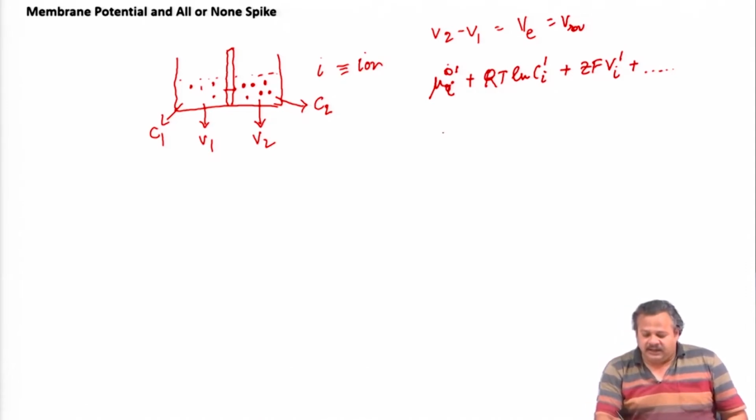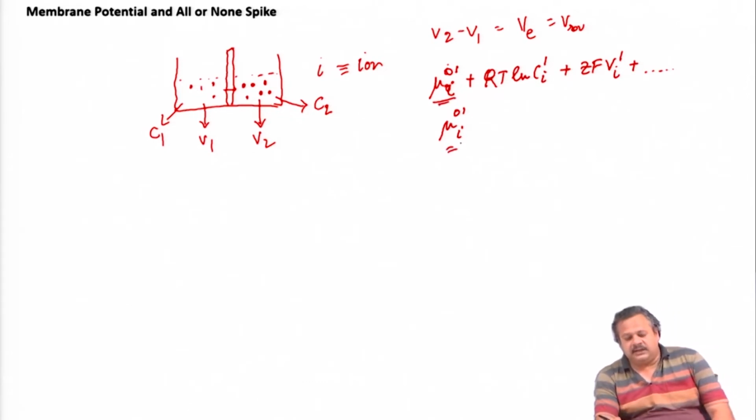Similarly, on the right hand side, we have mu I naught, for the ion. On side 2, it is also going to be the same, because this is the molar free energy, essentially the potential of the ion at unit concentration and 0 potential.